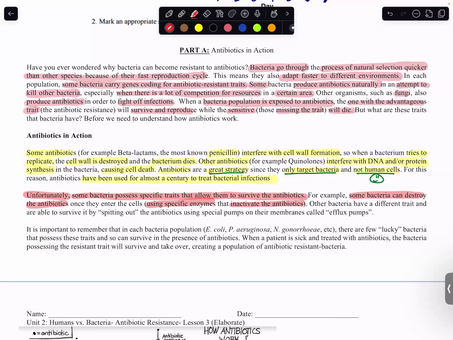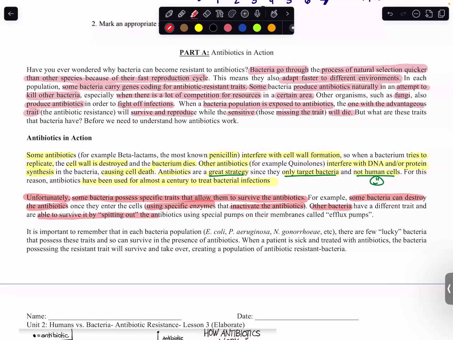So the antibiotic goes literally inside of the bacteria, and the bacteria has a mechanism that has specific enzymes that literally inactivate that antibiotic and prevents it from killing the bacteria. Other bacteria have a different trait and are able to survive it by spitting out the antibiotics using special pumps on their membranes called efflux pumps, right?